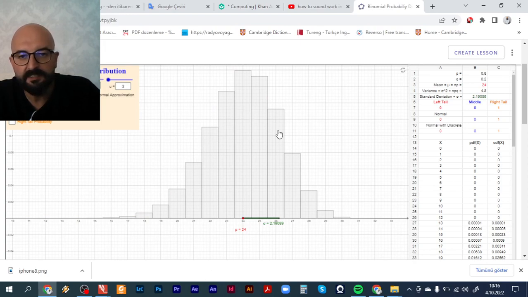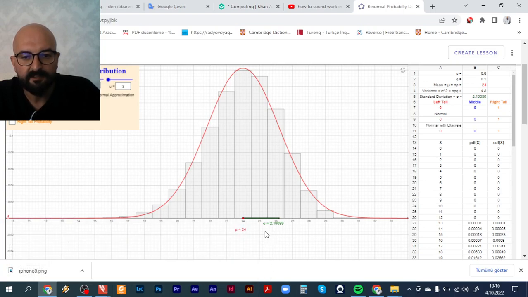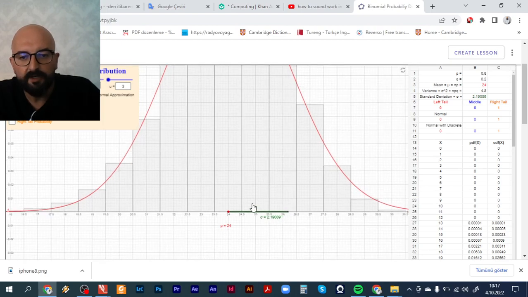If you look at this binomial distribution and its normal approximation, with x equal to 25, look carefully: 25 is the middle of this column, but you want less than or equal to 25.